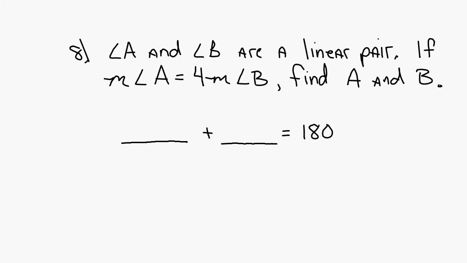If A equals 4 times B, all right, so look, call this angle A, call this angle B. Angle A equals 4 times the measure of angle B. You can call angle B whatever you want. Call it X. And if you call it X, you got to call A 4X, it's 4 times as big.